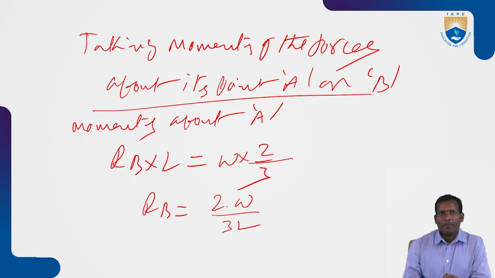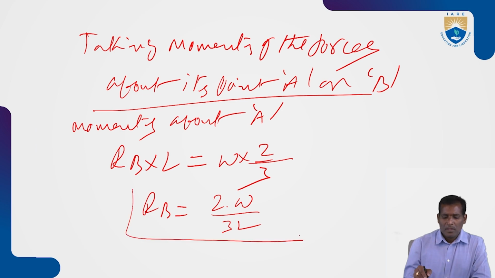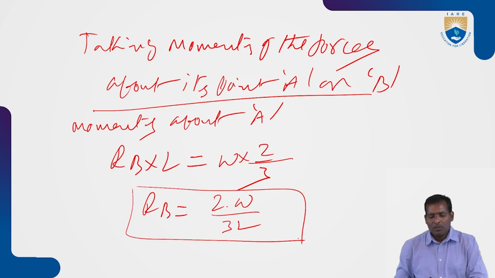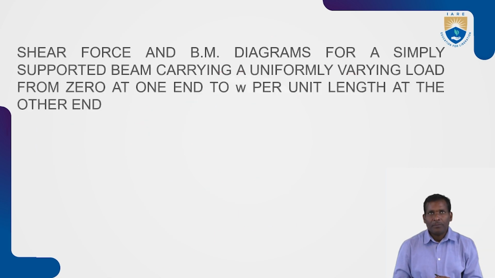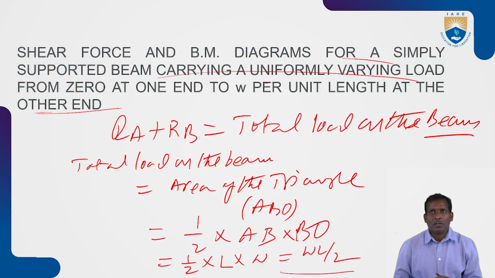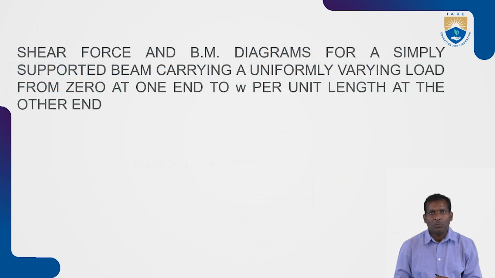Now RA plus RB is equal to the total load on the beam, WL by 2.